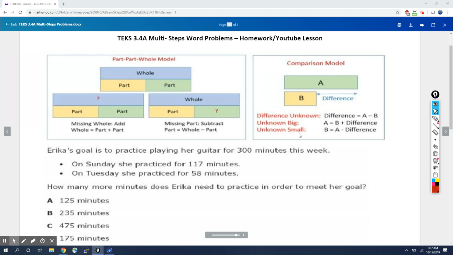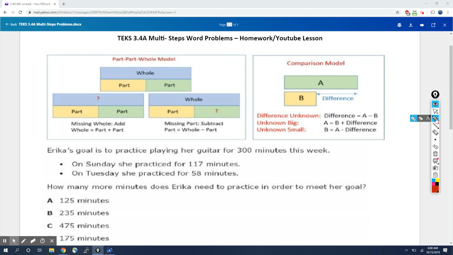If the unknown is the small one, they give you the longer strip and the shorter one is unknown, you are going to subtract the shorter part from the longer part to find the difference. Okay, so let's practice with our first problem here.